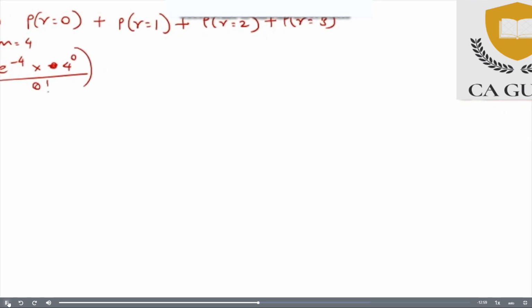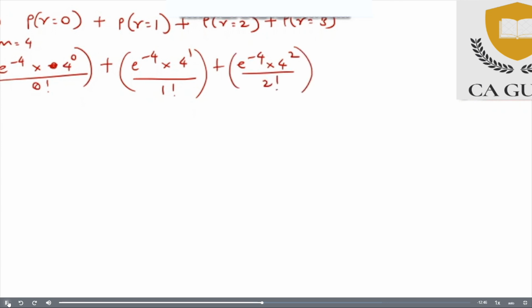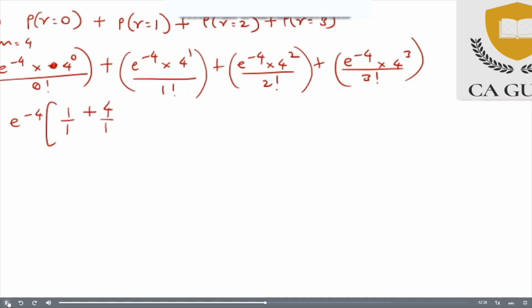This we found out in the first part, plus e to the power minus 4 into 4 to the power 1 by 1 factorial plus e to the power minus 4 into 4 to the power 2 by 2 factorial plus e to the power minus 4 into 4 to the power 3 by 3 factorial. Taking e to the power minus 4 common, into 1 plus 4 by 1 plus 16 by 2 plus 64 by 6.